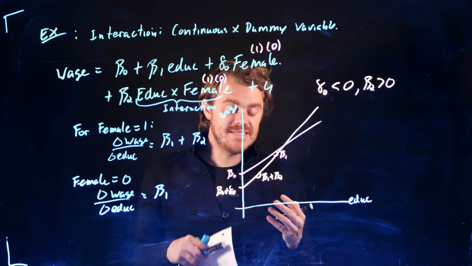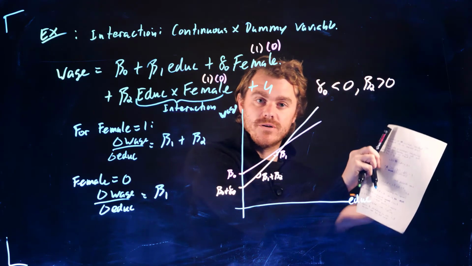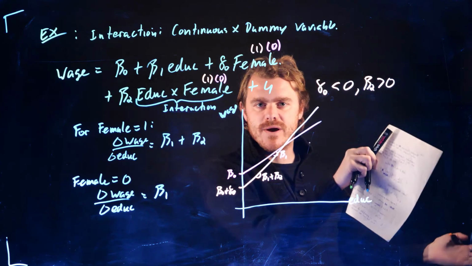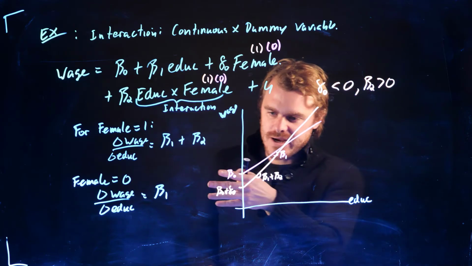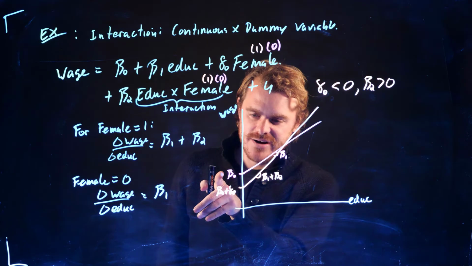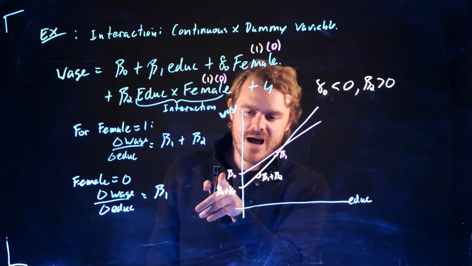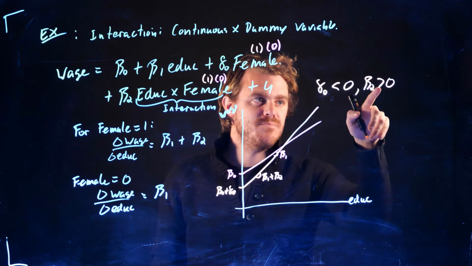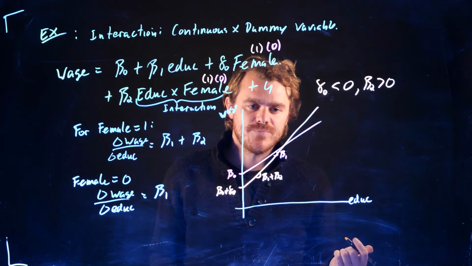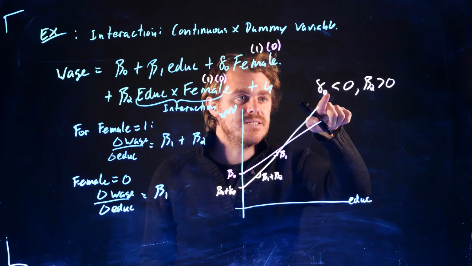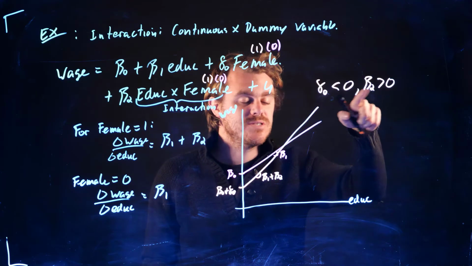Now if beta 2 is less than 0, these lines would be getting further apart as we went over. And so what these graphs look like is going to depend on the signs of these deltas and beta 2 and these interactions here. But let's say it looked like this, where delta 0 is less than 0 and beta 2 is greater than 0.